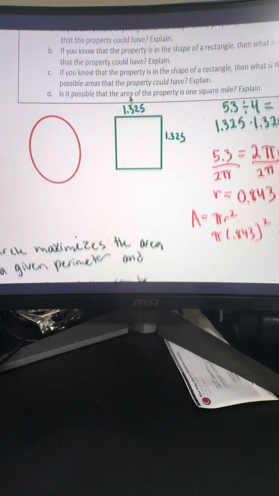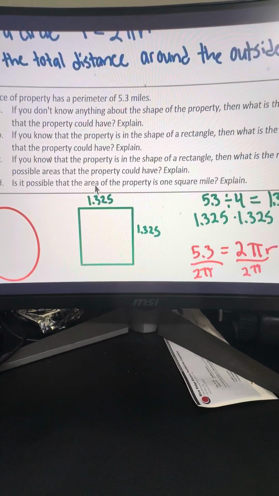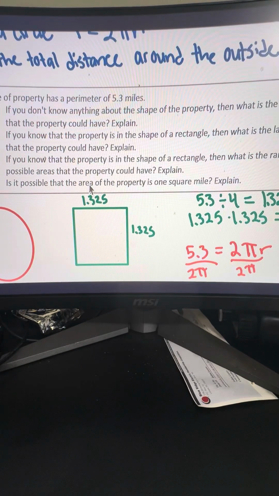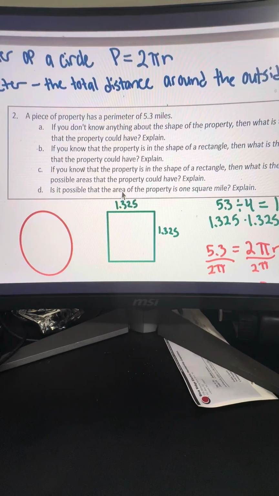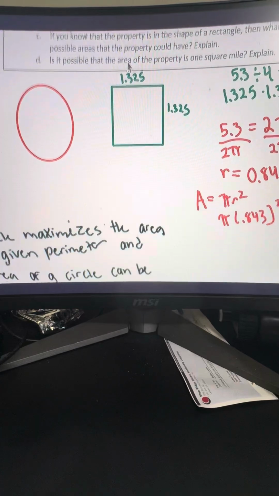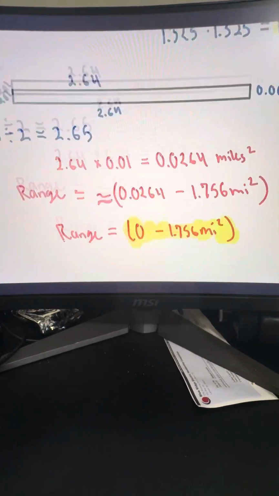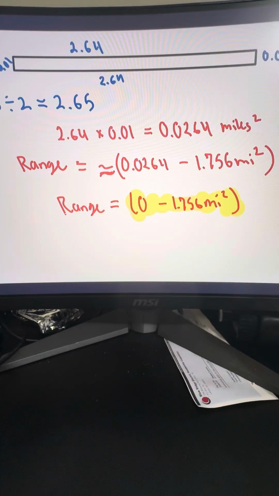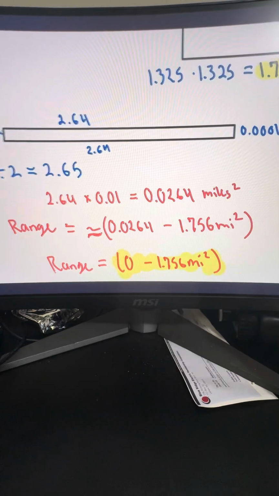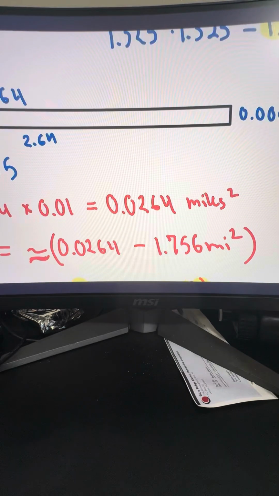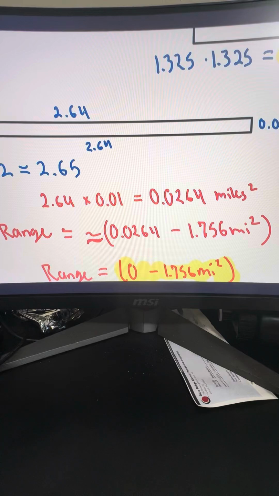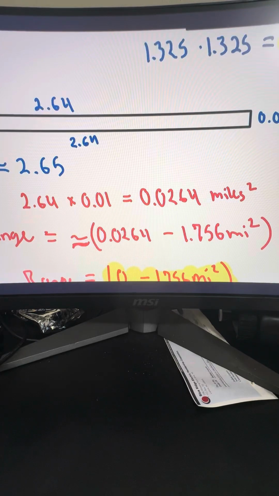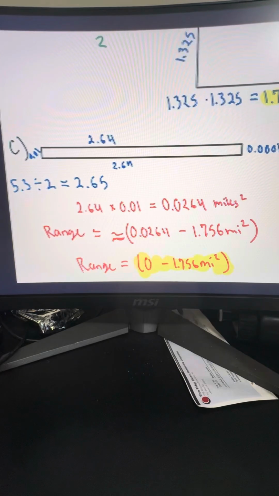So all right, we got our range. Let's move on to our final part, part D. Is it possible that the area of the property is 1 square mile? All right. So we helped solve that in part C, right? Because we had our range and we looked at how these numbers can be adjusted, as long as it eventually adds up to 5.3 with the perimeter.